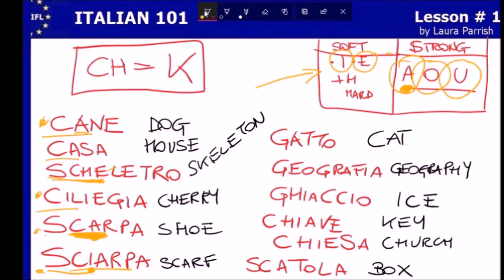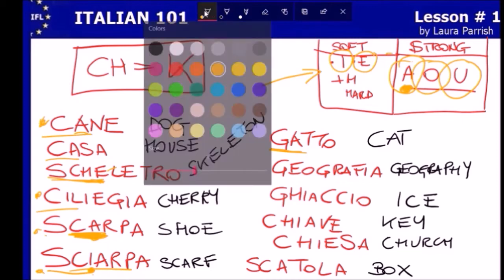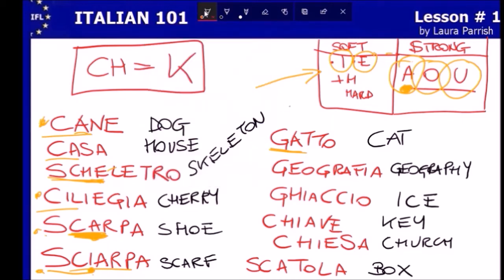Then again, gatto, here is ga. Let me write another word just to let you see the difference. Let's write gelato. I don't have to write the meaning because everybody knows what gelato means, right? It's an ice cream. So here, look, it's the same letter like before, but here you read gelato. Here you read gatto. You see that you read differently.